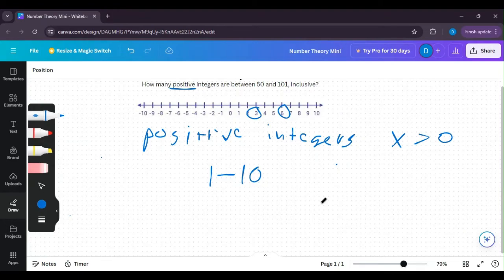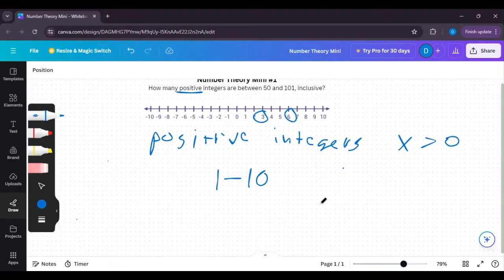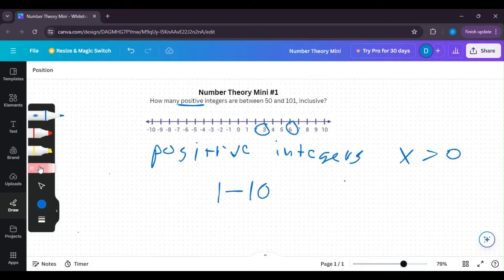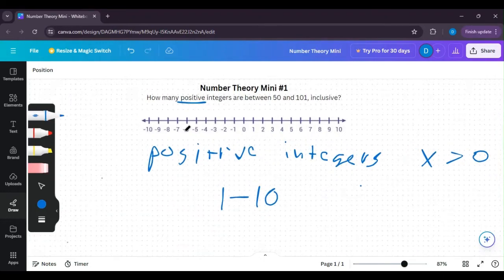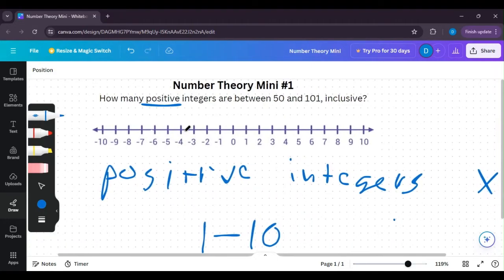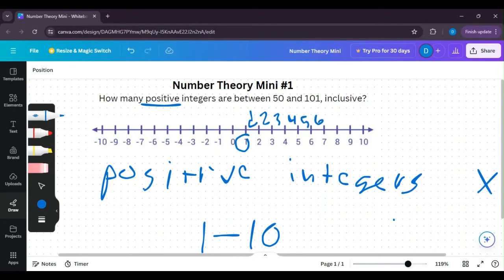We can use the number line to find the integers from 1 to 10. How many gaps or differences are there? There's 1, 2, 3, 4, 5, 6, 7, 8, 9 gaps.